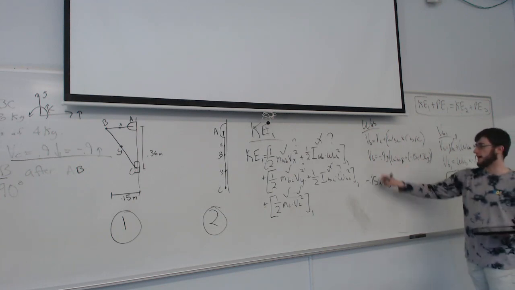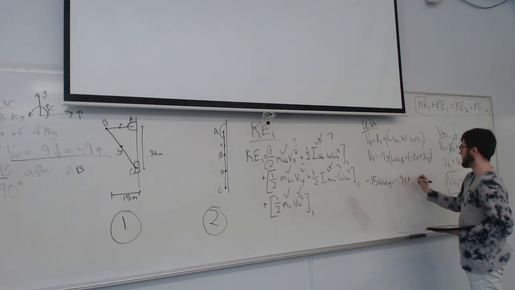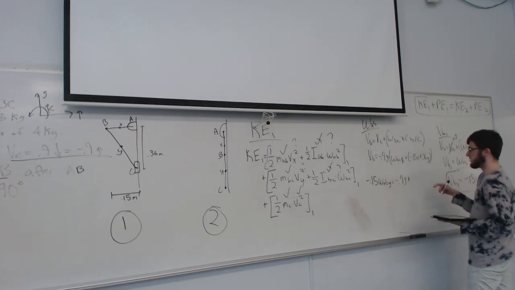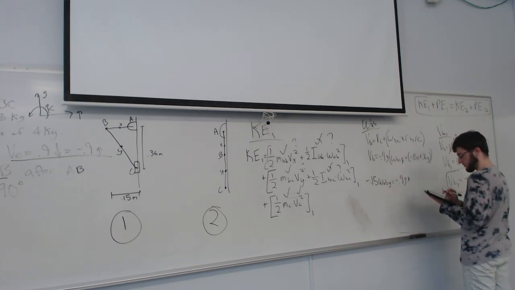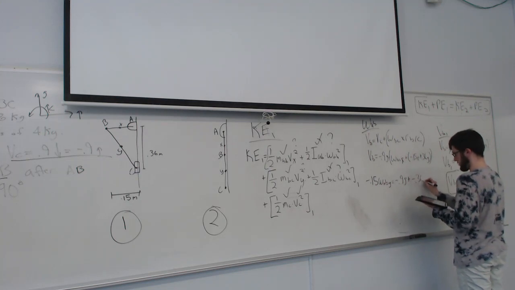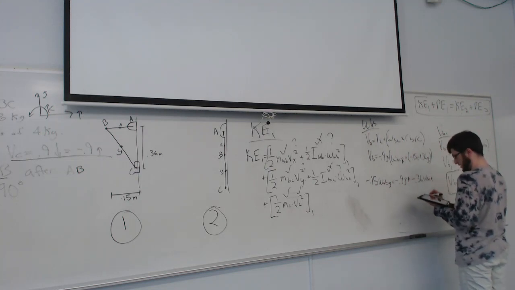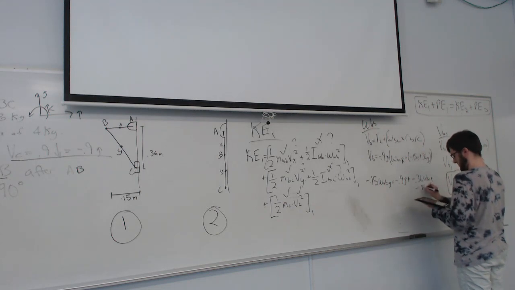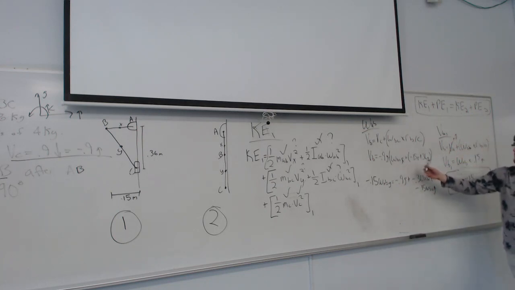So velocity of B equals 0.9 in the j plus the angular velocity of BC cross the position vector.